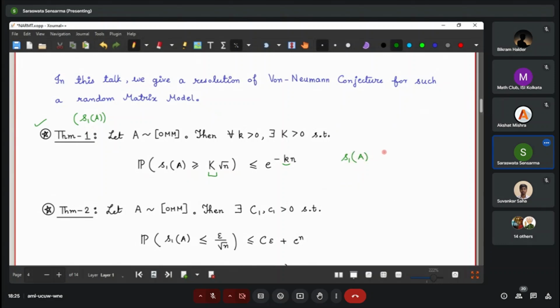The norm of A is less than, in probability, of the order of K root n. This tilde just means up to some constant, and this P means with high probability. Okay. So with exponentially large probability, this is the sense in which von Neumann maybe meant atypical, in the sense that with exponentially large probability you have such a bound.